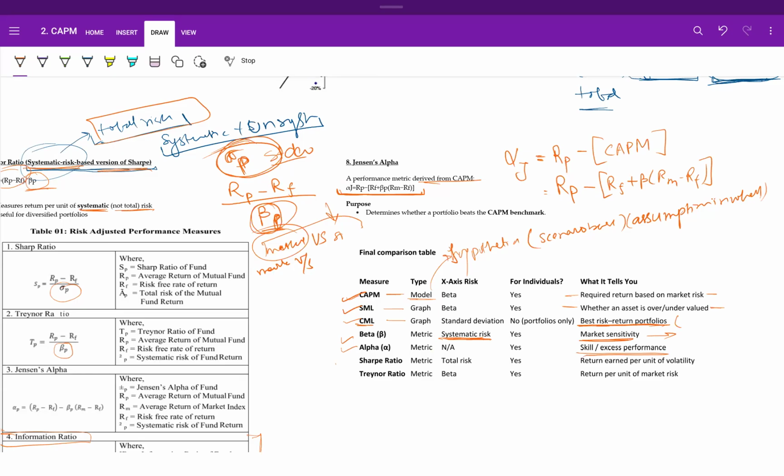Sharpe ratio is a metric of total risk: return on the portfolio minus the risk-free return, upon the standard deviation of the portfolio. And Treynor ratio is a systematic risk-based version of the Sharpe ratio: return of the portfolio minus the risk-free rate, upon the beta of the portfolio. So don't forget these things: Sharpe ratio, Treynor ratio.